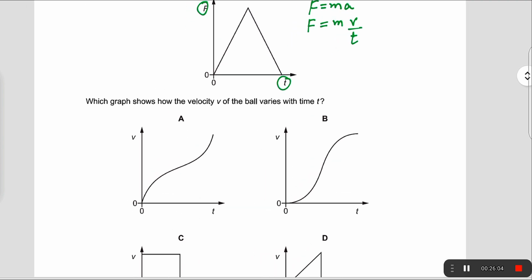Just see here. In the first half of this graph, the quantity is increasing. I hope you understand it very well, because in the first half, the graph is increasing. So can we say that in the first half, force increases? Force increases, then acceleration is also increasing.